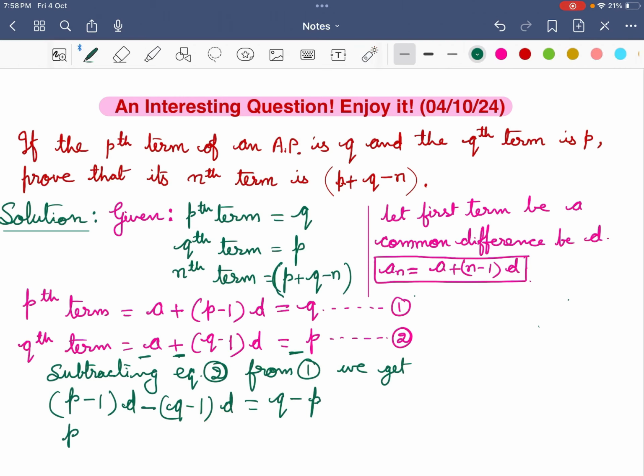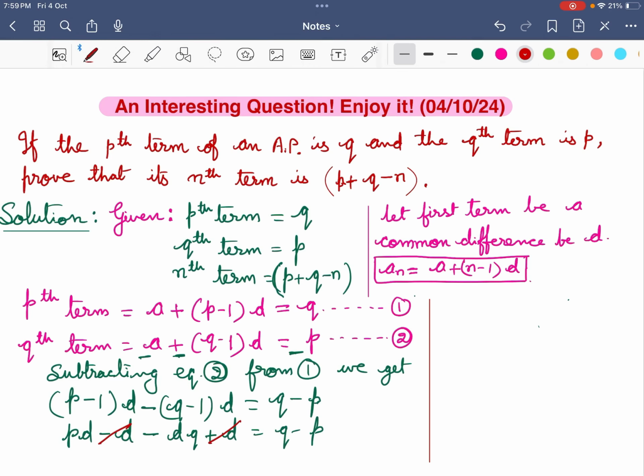So pd minus d minus dq plus d is equal to q minus p. Now see, this is minus d and this is plus d. These both will be cancelled.